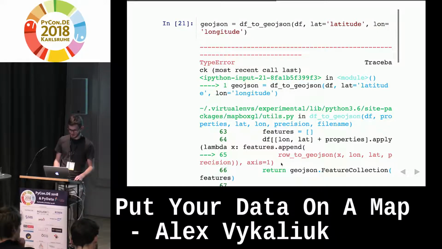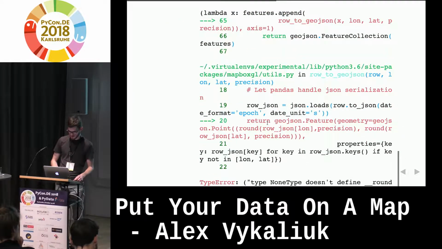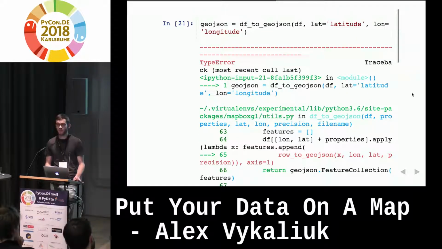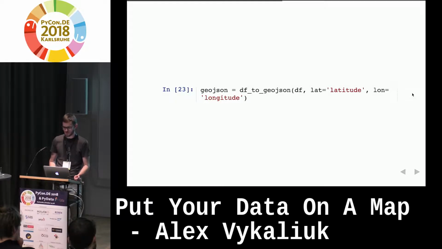Oh snap. So the errors are not very informative, but that was a setup. You cannot transform something without a geometry to GeoJSON, so you need to clean your data and remove all the features that don't have latitude or longitude.